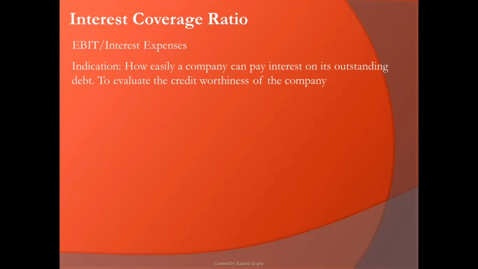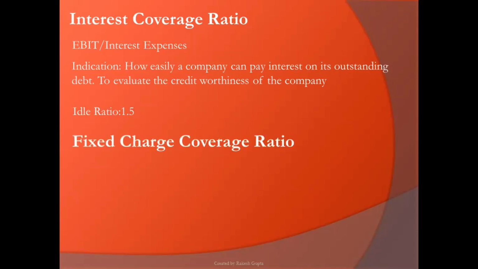It's a very important ratio for the banks, stakeholders, and investors. This ratio, also called the times interest earned ratio, is an income statement approach to evaluating a firm's ongoing ability to meet the interest payment on its debt obligation. Ideal ratio 1.5.